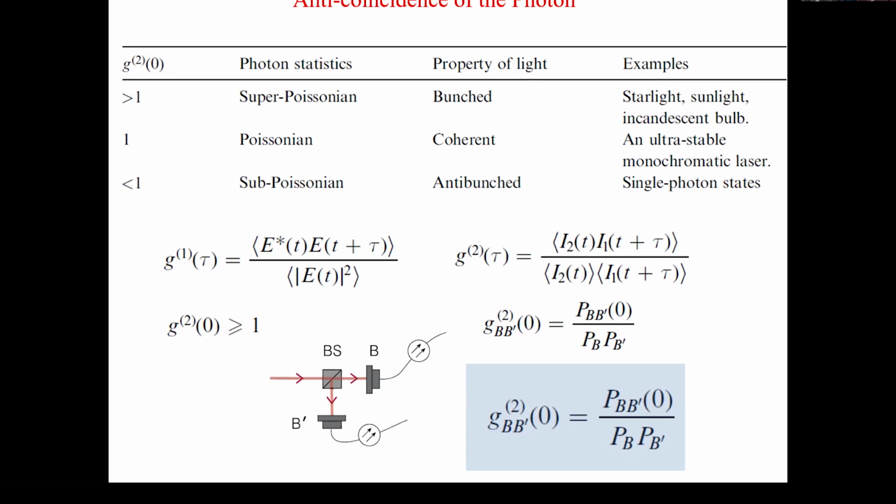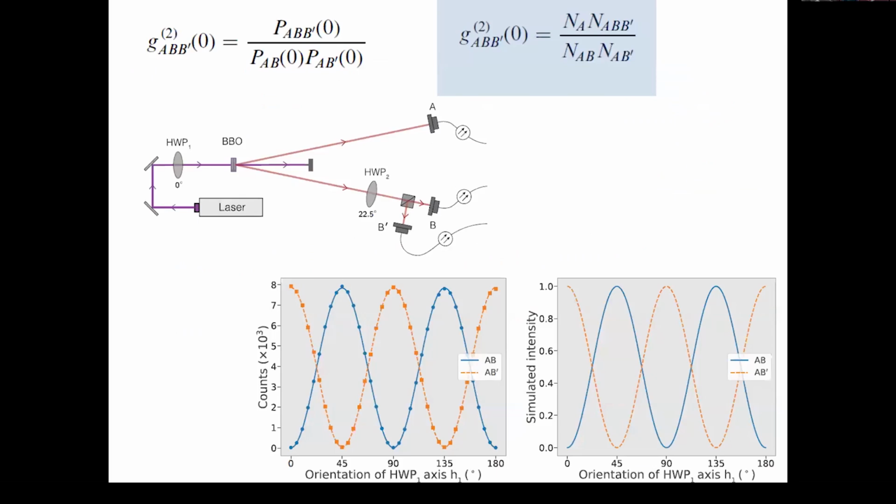When heralding, you are making a relationship between this arm and the other arm. Only then will you have anti-bunching, only then will you have a second order correlation function less than 1. Let's see the result. This is really important, by the way, and it is confusing, but it's how it is.